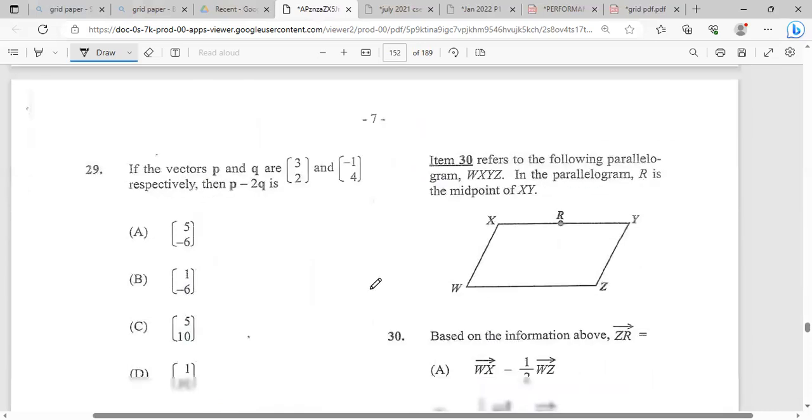If the vectors P and Q are (3, 2) and (negative 1, 4) respectively, then P minus 2Q is, so it's (3, 2) minus 2Q, which is negative 1 and 4.